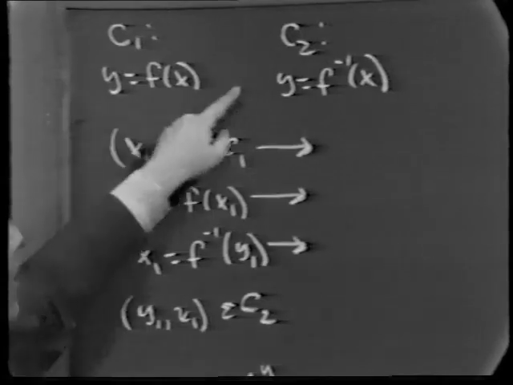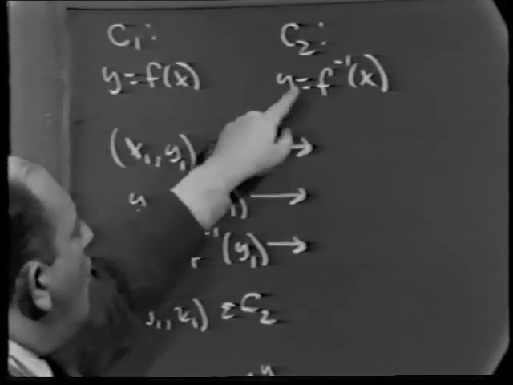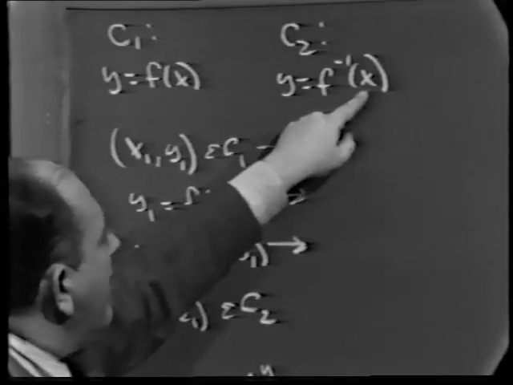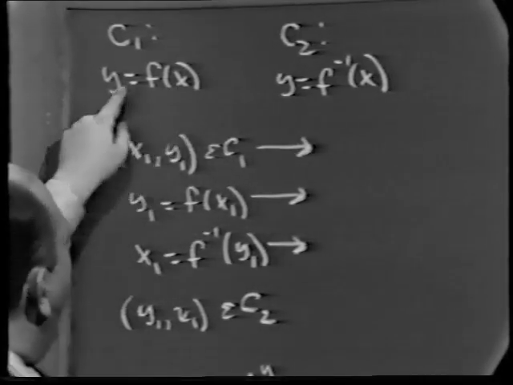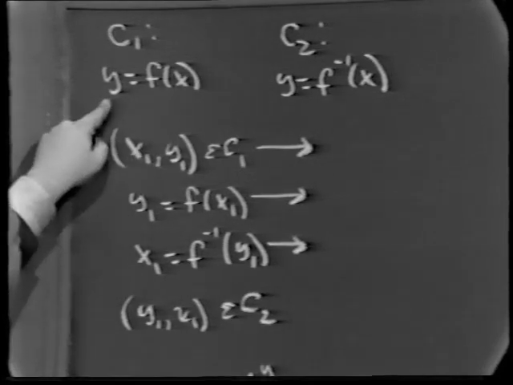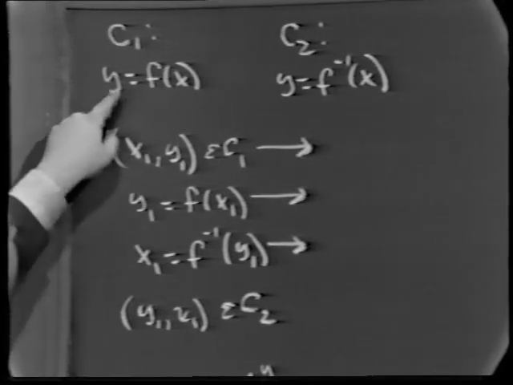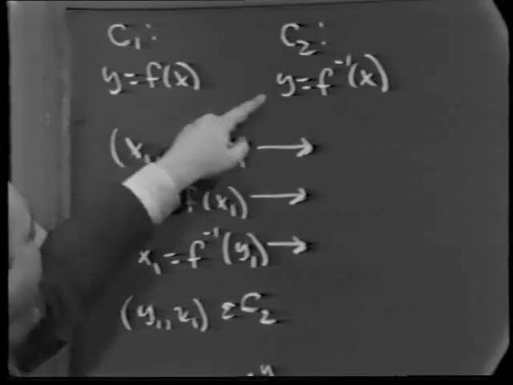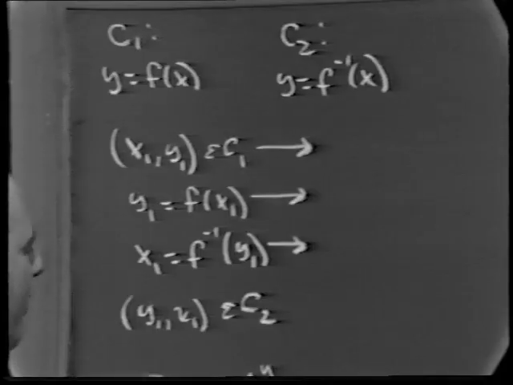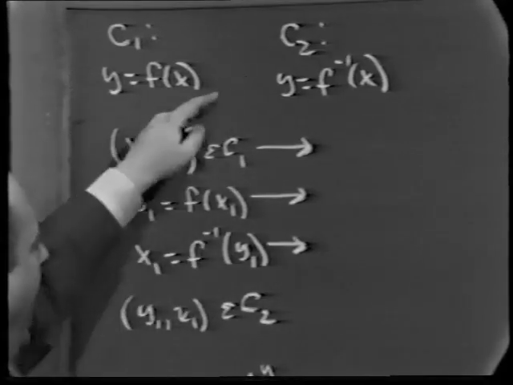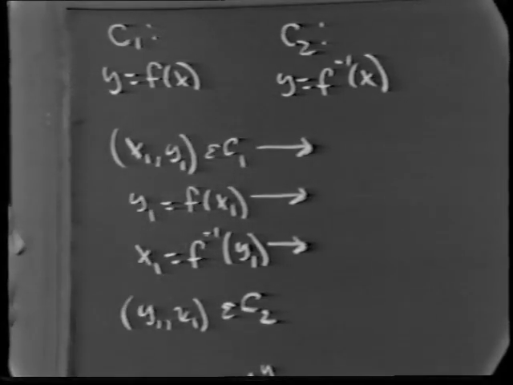The question is, if we now try to plot y equals f inverse of x in the same diagram. See, notice now what I'm saying. In other words, I am not saying x equals f inverse of y here. I'm saying suppose I have the curve y equals f of x and also the curve y equals f inverse of x. How do these two curves look with respect to an x and y coordinate system?